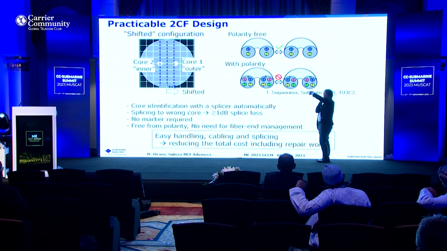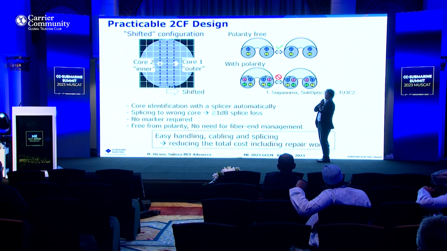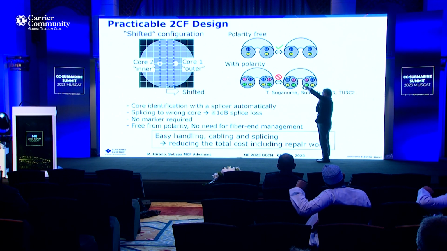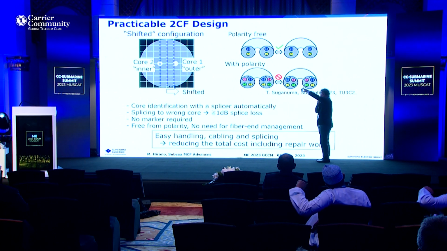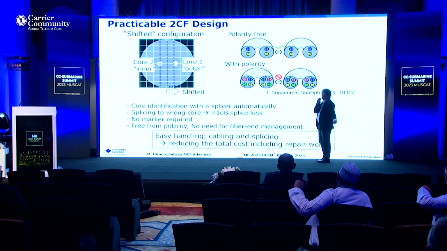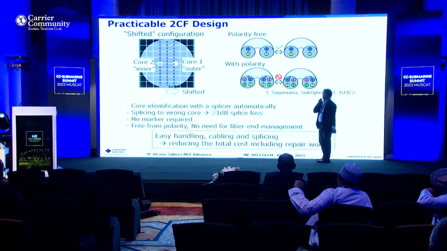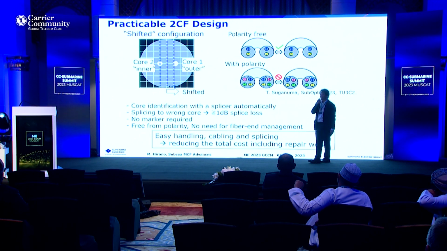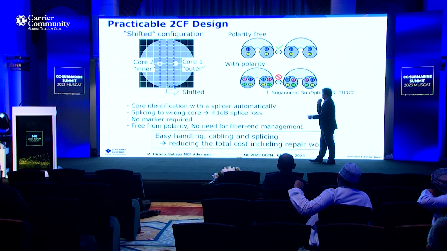But if you turn the fiber 180 degrees, then the phase is the same as the correct direction. So you do not need to care about the fiber direction in a cable. This is polarity free.